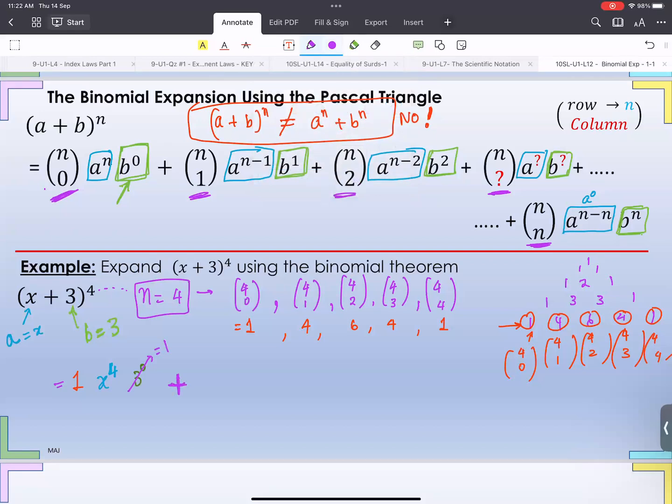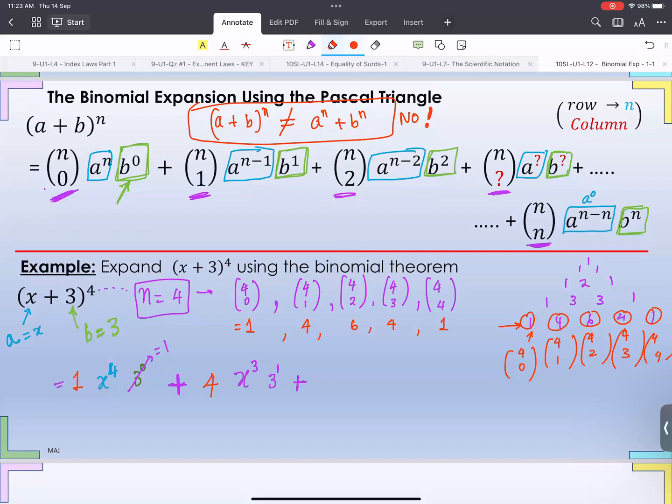The next term, we have to add a plus sign because it's another term. The next part of the binomial expansion is n choose 1. 4 choose 1 is 4, so we write the 4 there, and then x to the power of 3, and then 3 to the power of 1, plus the next part, n choose 2, which is 4 choose 2, and that is 6.